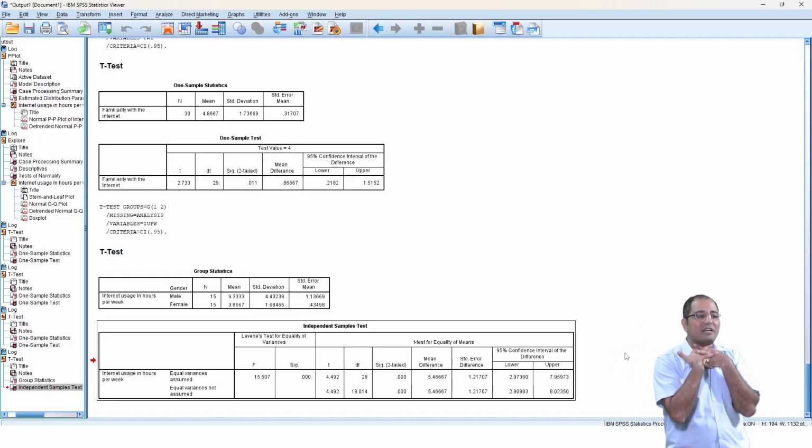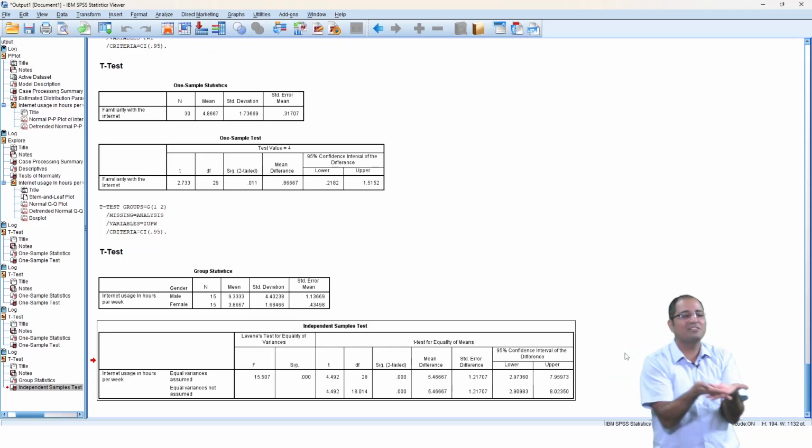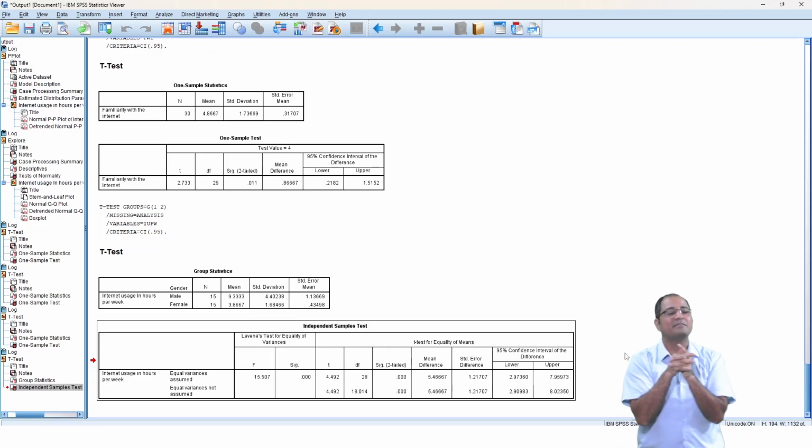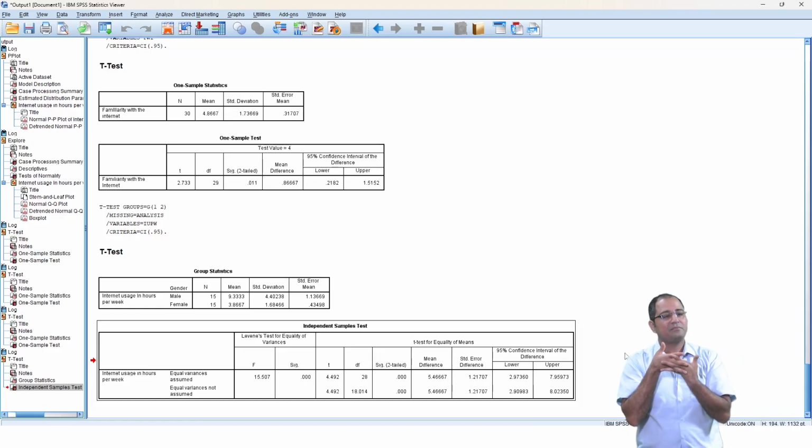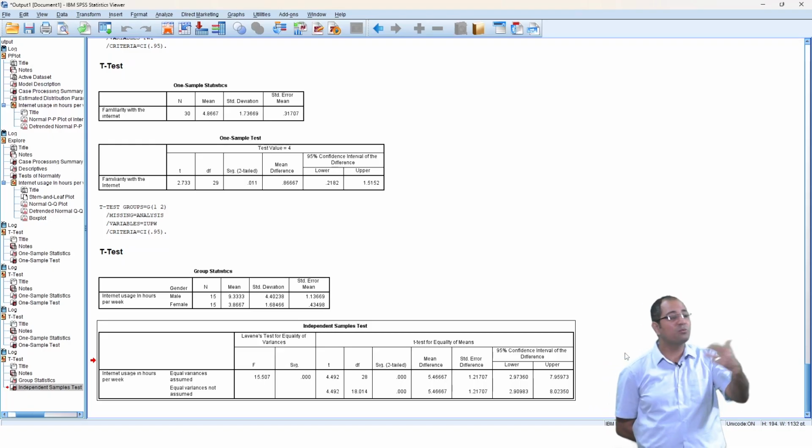Then what will you do if you do not know this? Here there is nothing at stake. But let's say somebody comes to you and asks you to conduct some survey related to a problem, and his entire business depends upon this, then the stakes would come.